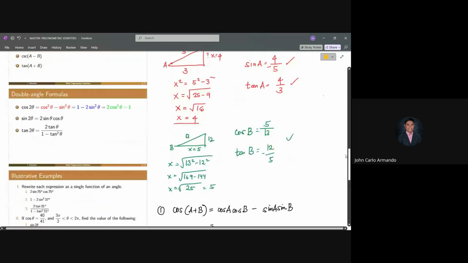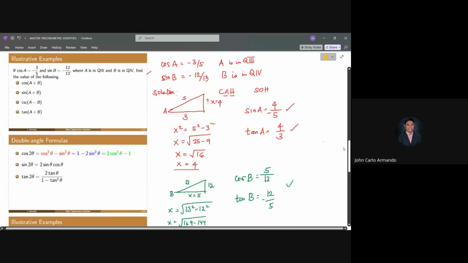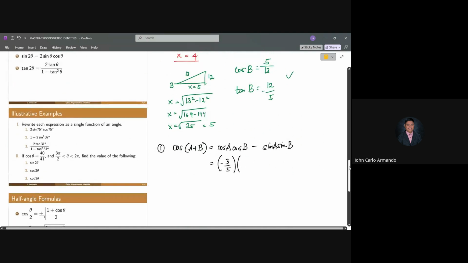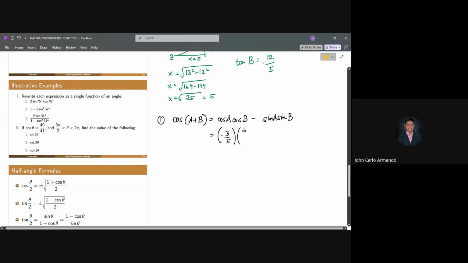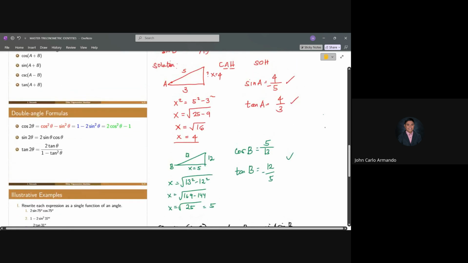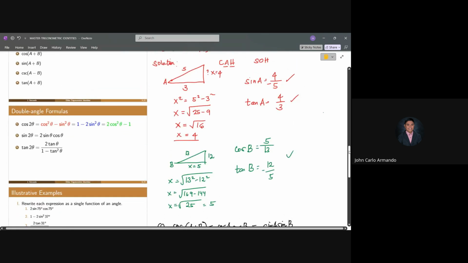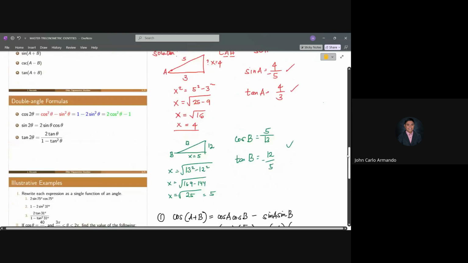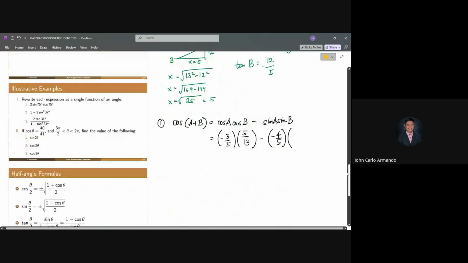We go back here. Cosine A is negative 3/5, the given. What is cosine B? Cosine B is 5 over 13. What is sine A? That is negative 4/5. And sine B is the given, which is negative 12/13.